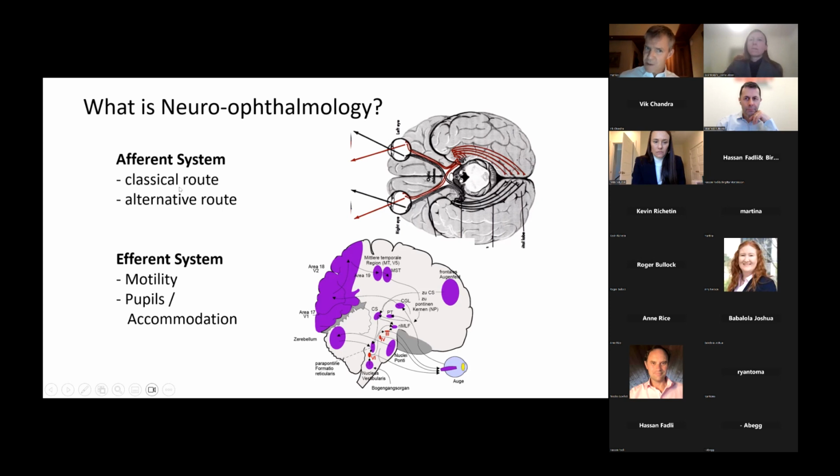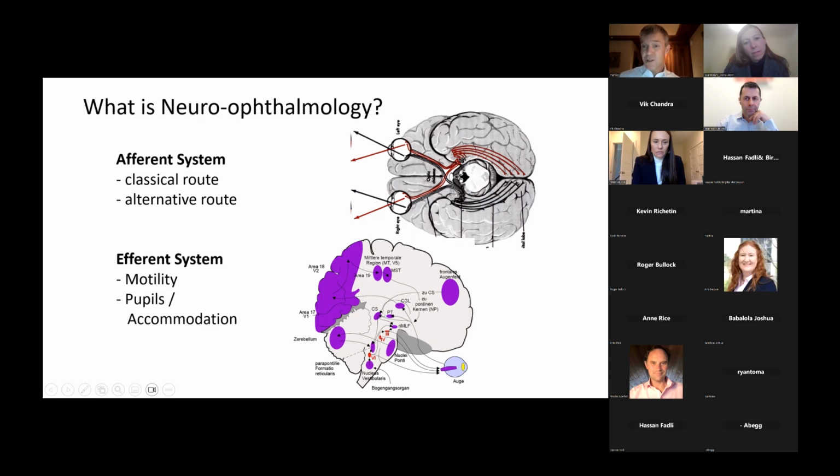We separate these two systems into the afferent system and the efferent system. And what you can see, I think, on these slides is that the pathways that process visual information in the brain go across the entire brain all the way up and down to the brainstem.